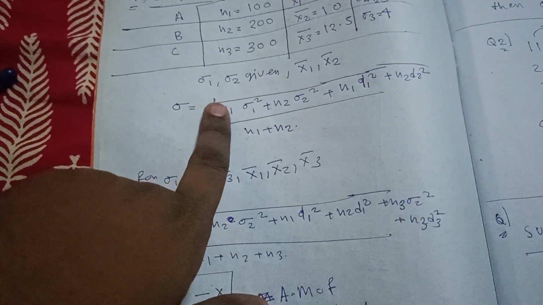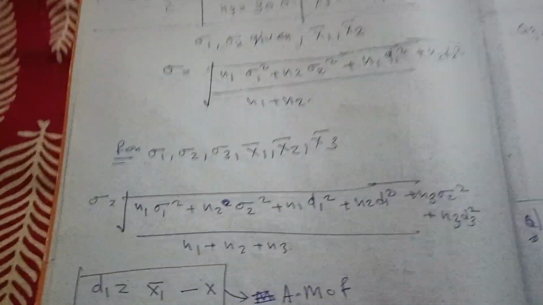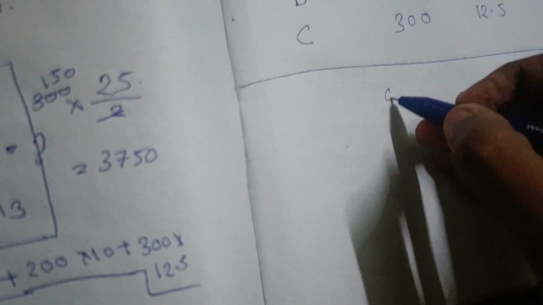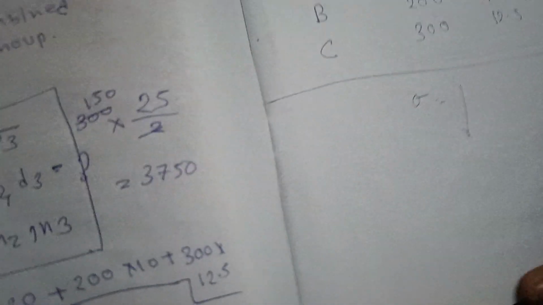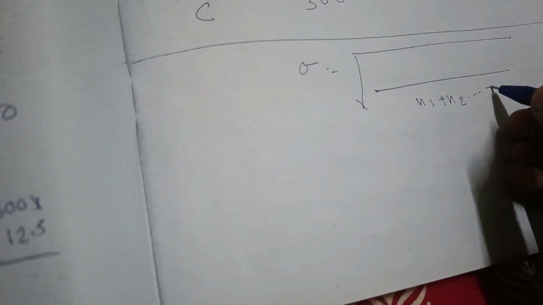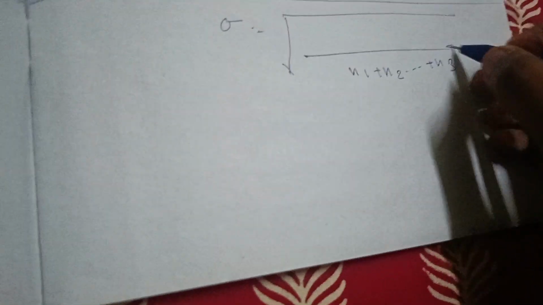Then the formula: I prefer to write it like this. Sigma equals root over, divided by n1 plus n2. If there is n3, we add n3; if there is n4, we just add it bit by bit.